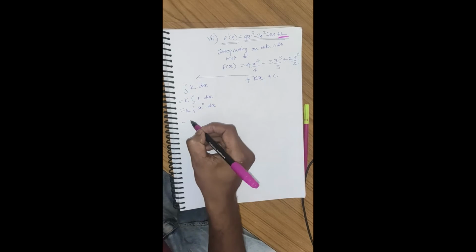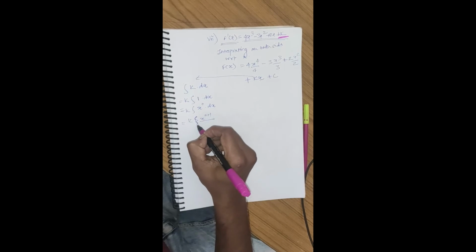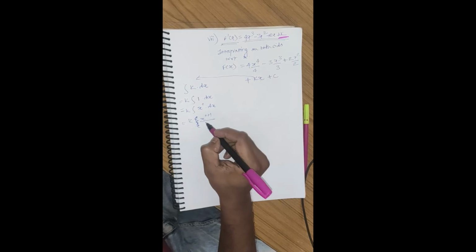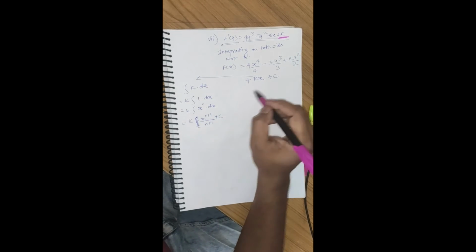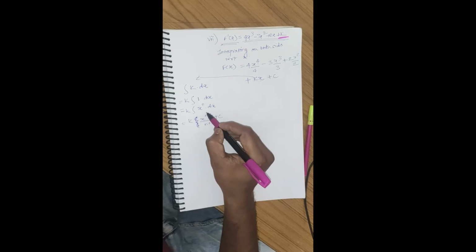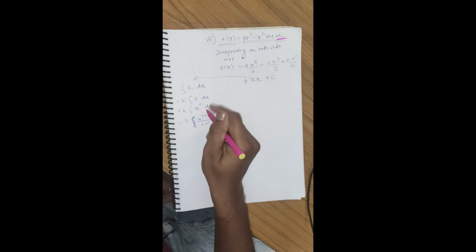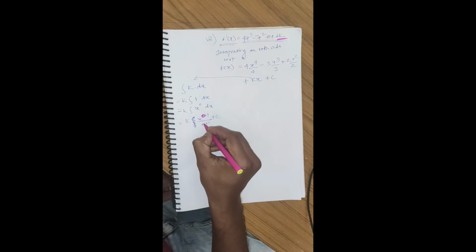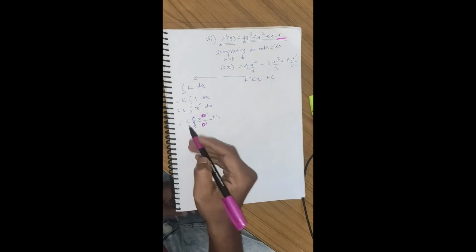We can use the same formula, k integration of x raised to n plus 1 divided by n plus 1, and plus c is there. So n is 0 over here, so that makes it x raised to 1 divided by 1.